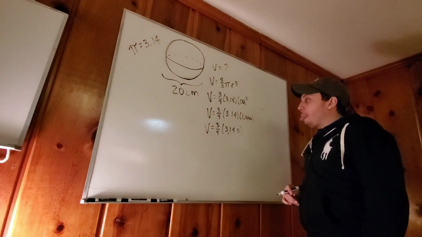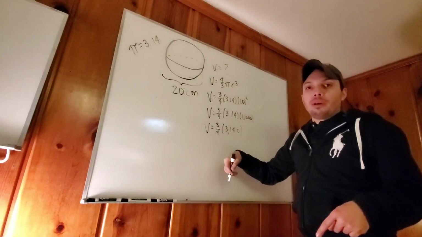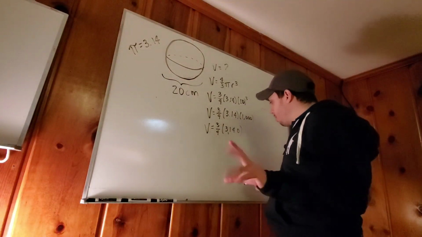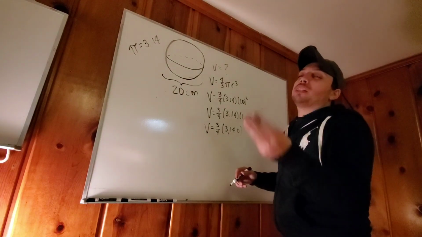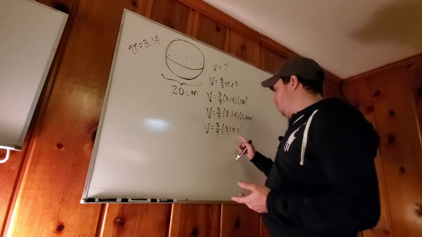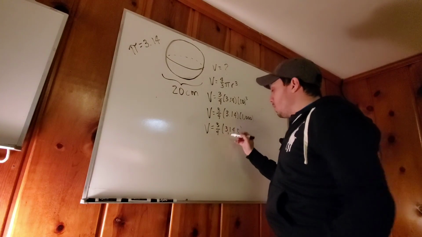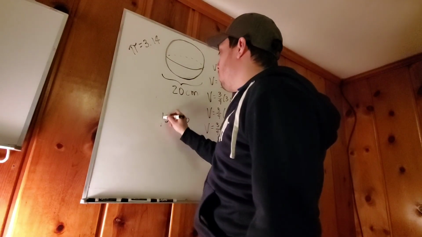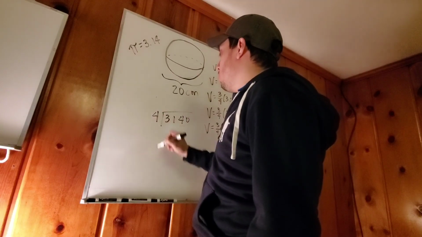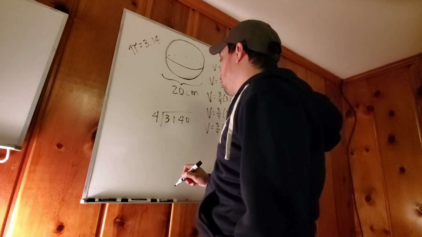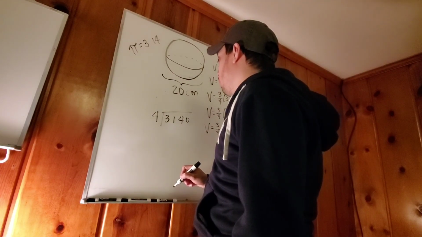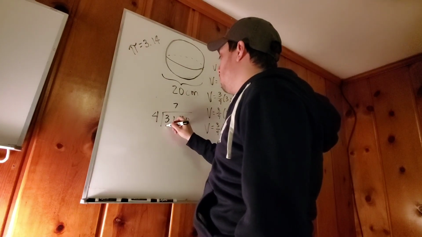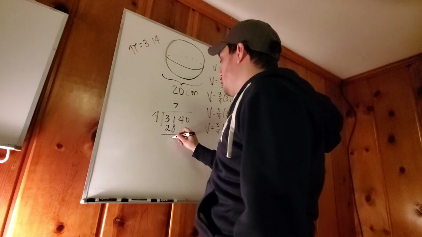Now, let's divide by 4 and then multiply by 3. It's easier that way, okay? I don't know why I said 40, maybe because of this 40 here. So let's divide by 4. 3,140 divided by 4: 4 into 31 is 7, 28.